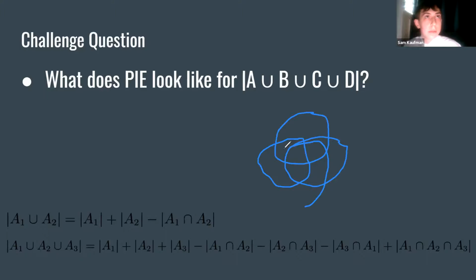Sort of like that. That's really bad, but something like that. Yes, I'm not an artist. PIE means principle of inclusion exclusion.